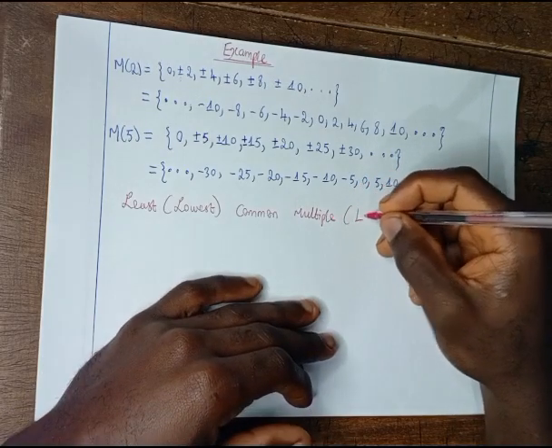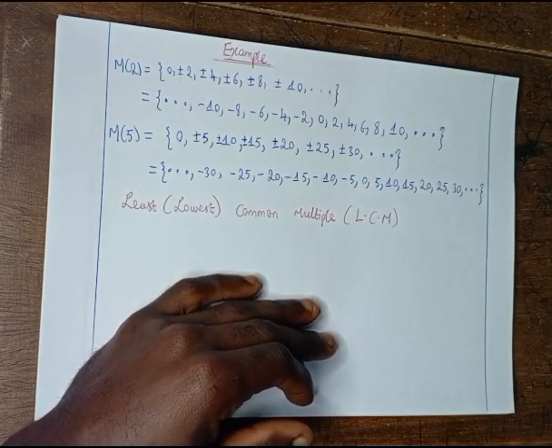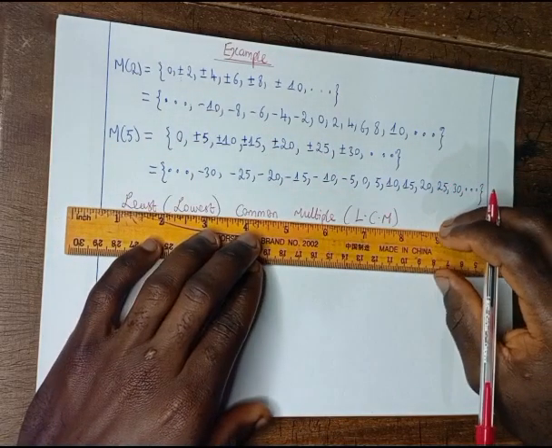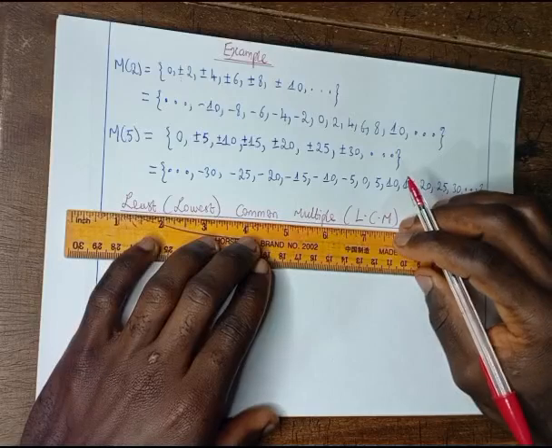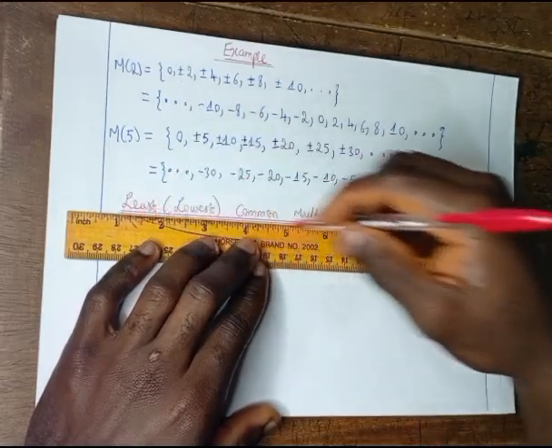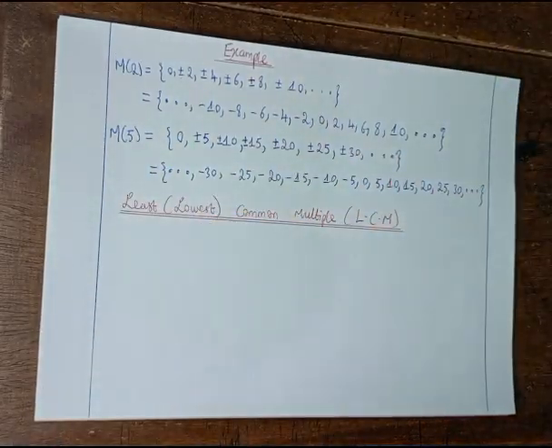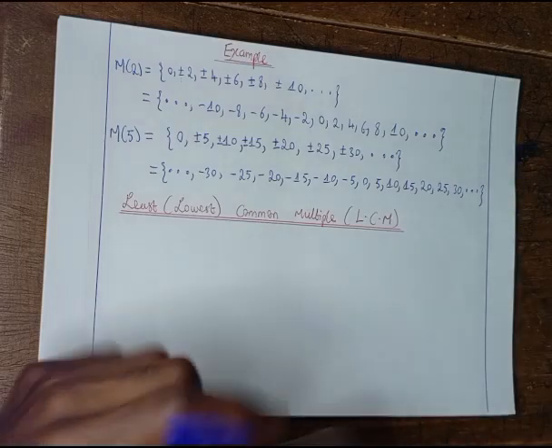We abbreviate it as LCM. In LCM, it stands for the lowest common multiple or the least common multiple of any given numbers. Let's write this down.